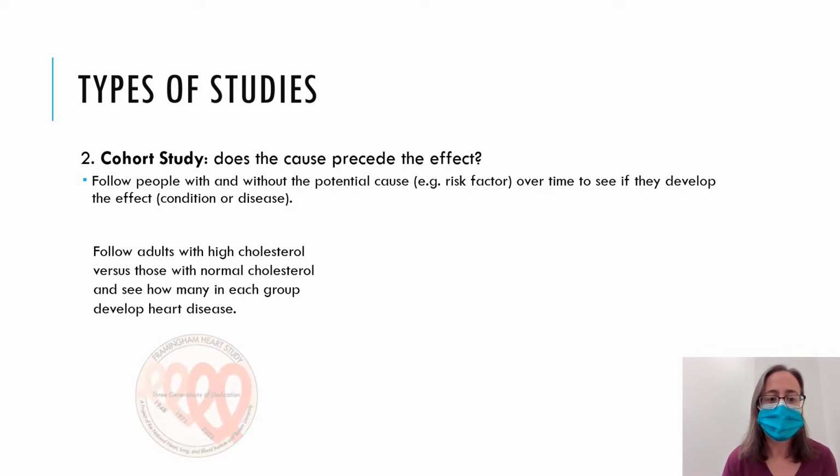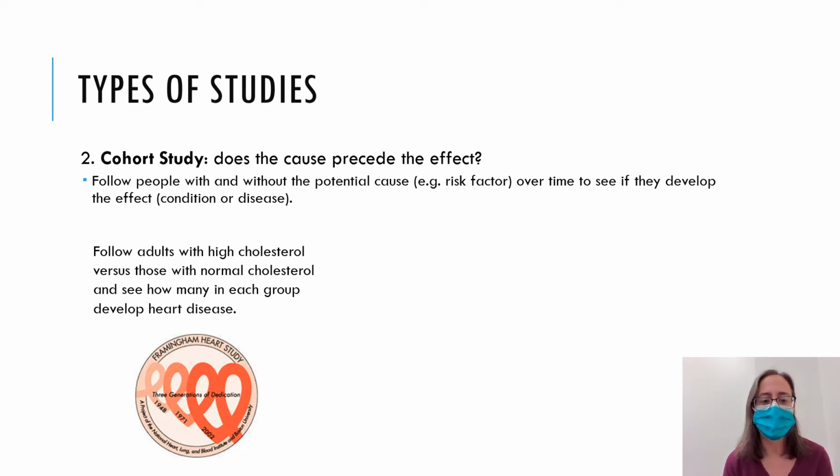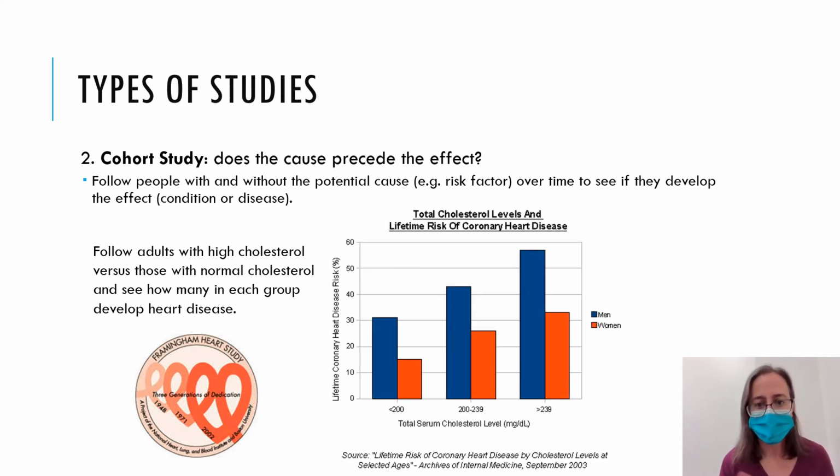And in fact, that's exactly what they've done with thousands of people over multiple decades in the Framingham Heart Study in New England. So, Framingham, Massachusetts, they've followed all of these folks over time to see which things tend to predict risk for heart disease. Here you can see that depending on your total cholesterol level, your risk of developing coronary heart disease, like heart attacks, over time is significantly higher the higher your cholesterol level is.